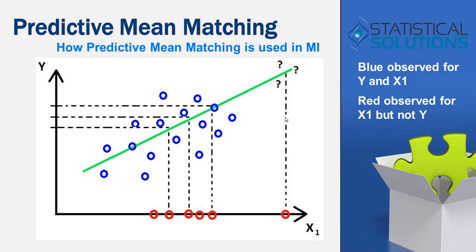What if you had a missing value that lay outside that? With a predictive model-based method, we could just project our regression line out and take a model value and impute that. But seeing as this is a matching method, we need to find matches for that value. And if there are no matches for that value, then we can't use this method. So that's what we mean by saying we need an overlap between the observed and the missing values.